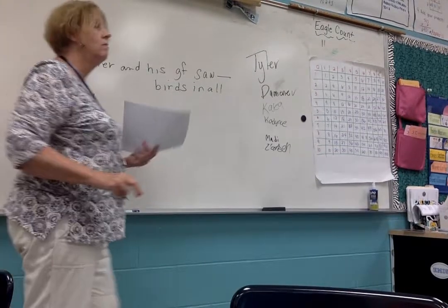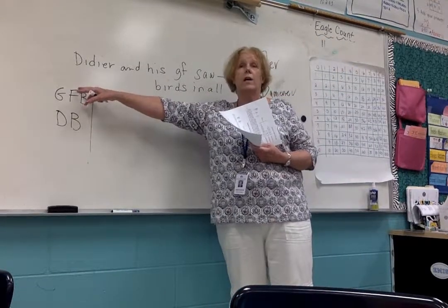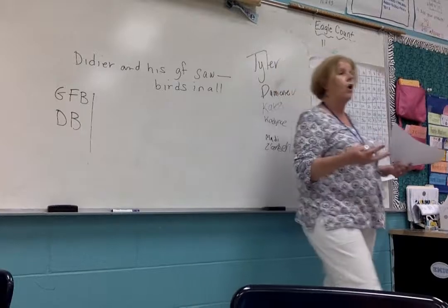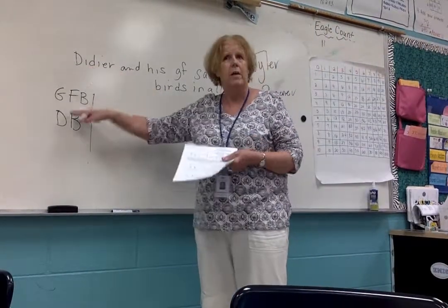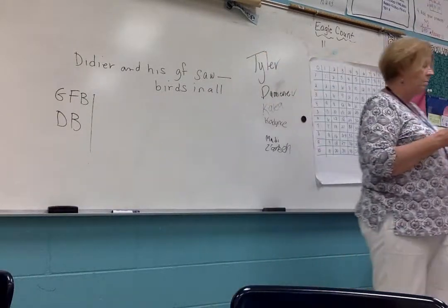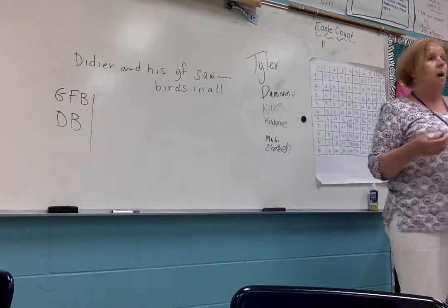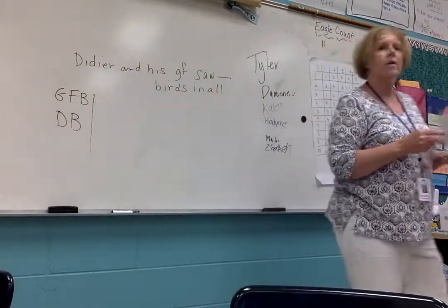I don't have to get fancy as long as my letters match what I'm talking about. If you prefer to spell it, that's good. I'm doing this just for saving some time. Girlfriend's birds, Didier's birds.